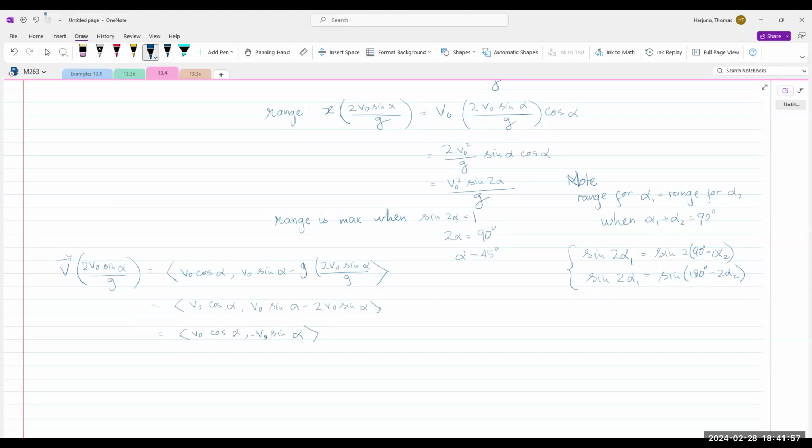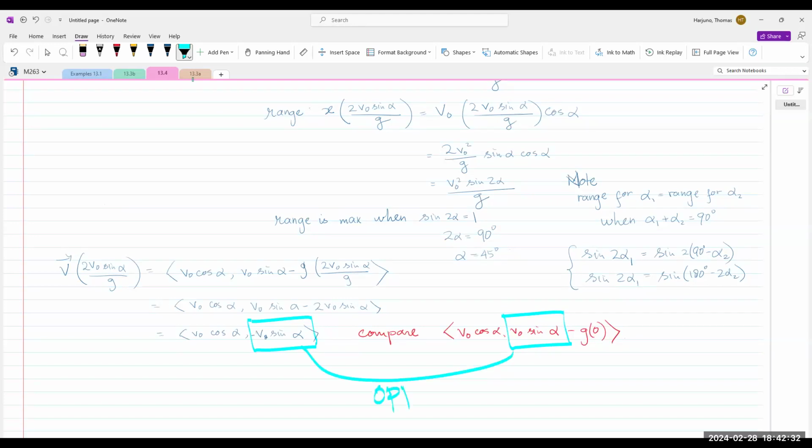If we compare that to the initial velocity, v naught cosine alpha, v naught sine alpha, which is when t equals 0, notice that only the y component gets the opposite.